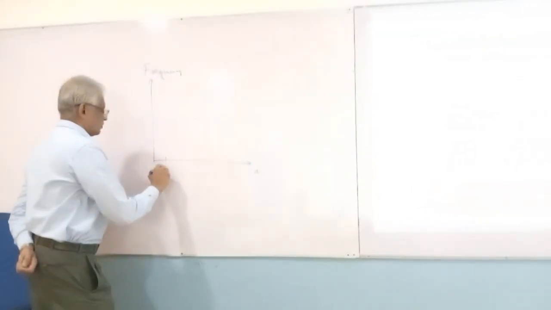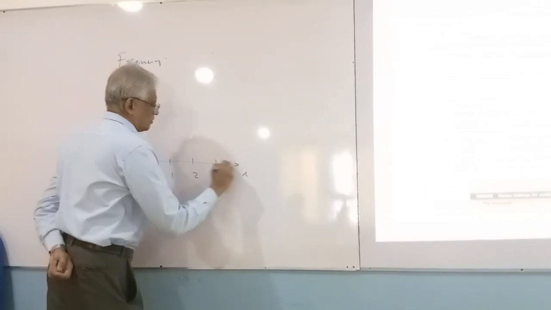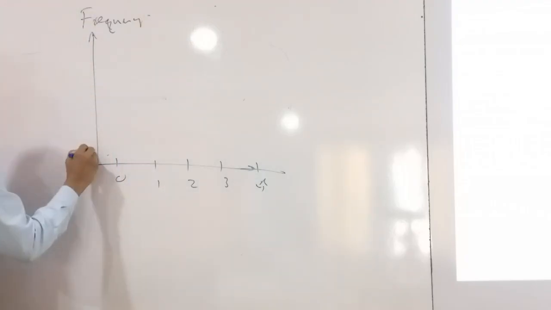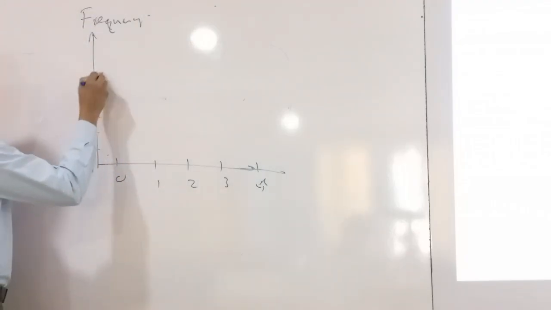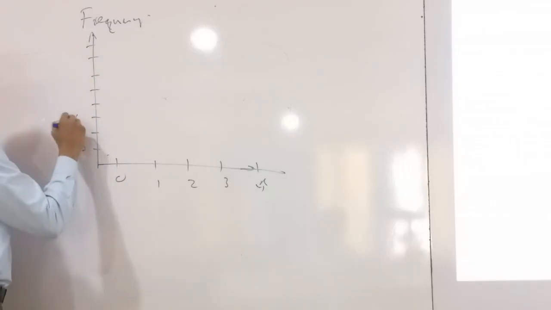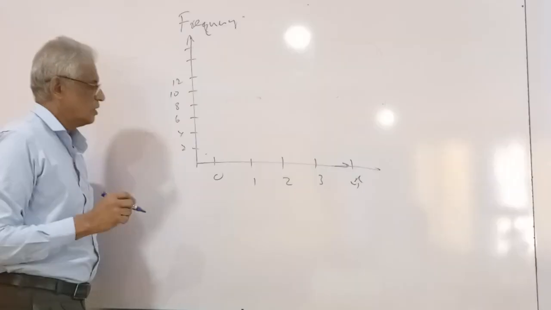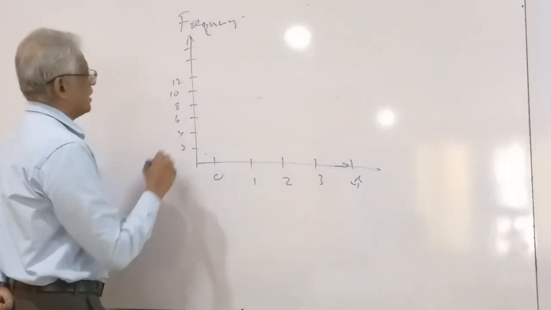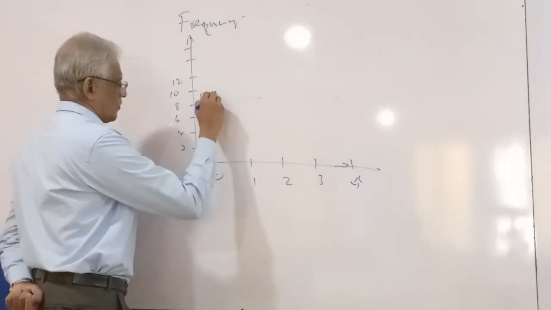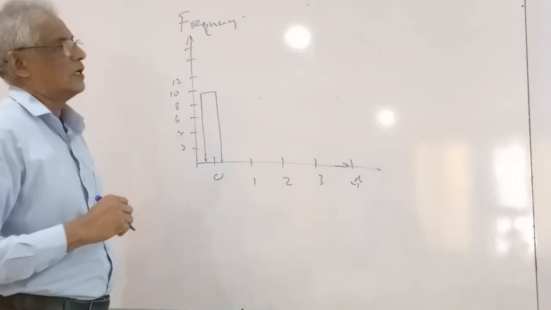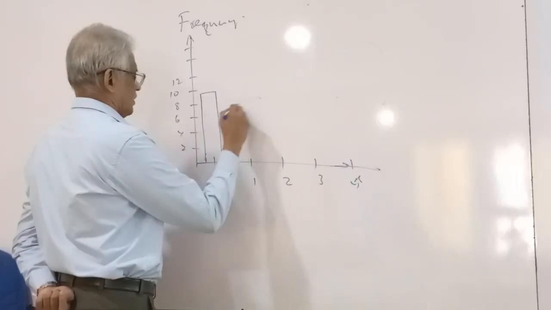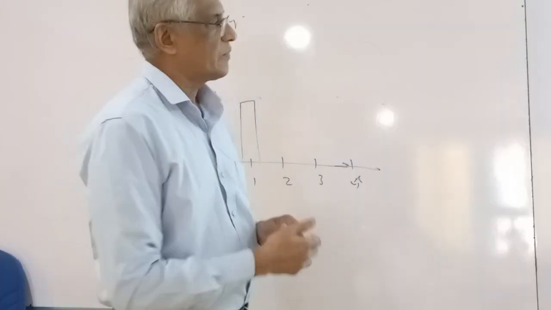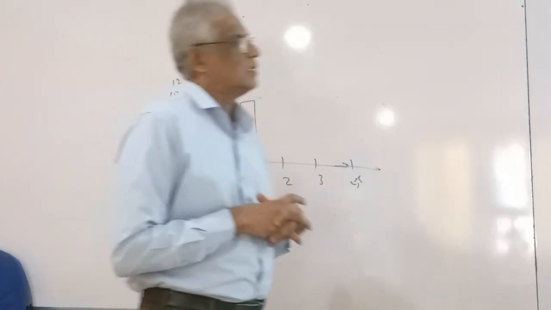So you have, for example, 0, 1, 2, 3, 4. One might draw a bar on top of 0 and the height has to be 9, like this. And then 7, so that is going to be like this. So like that they will draw a bar chart. That's okay, that's acceptable.